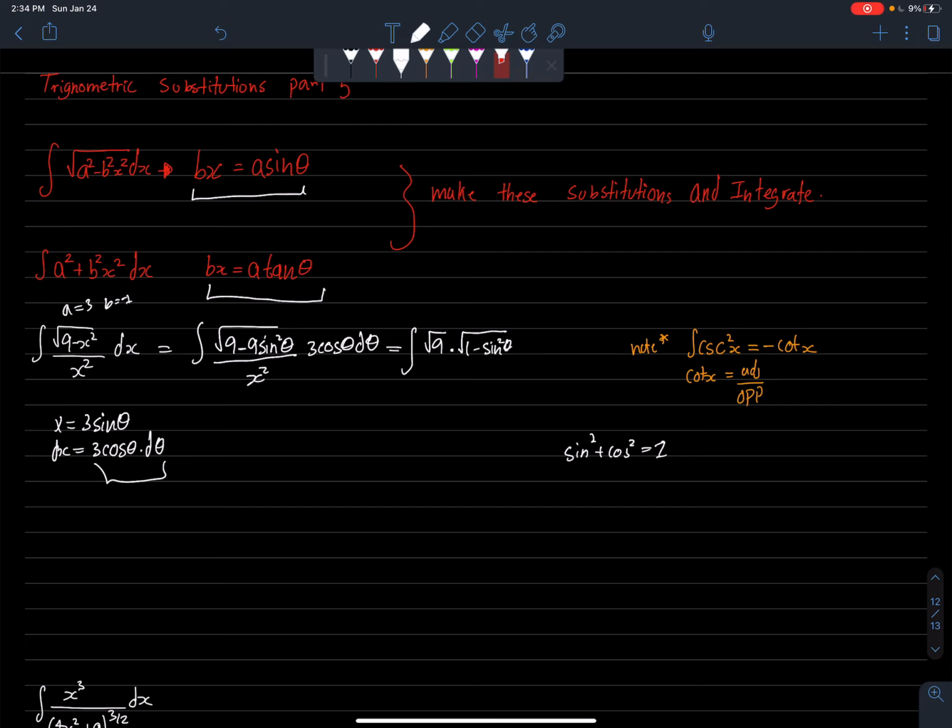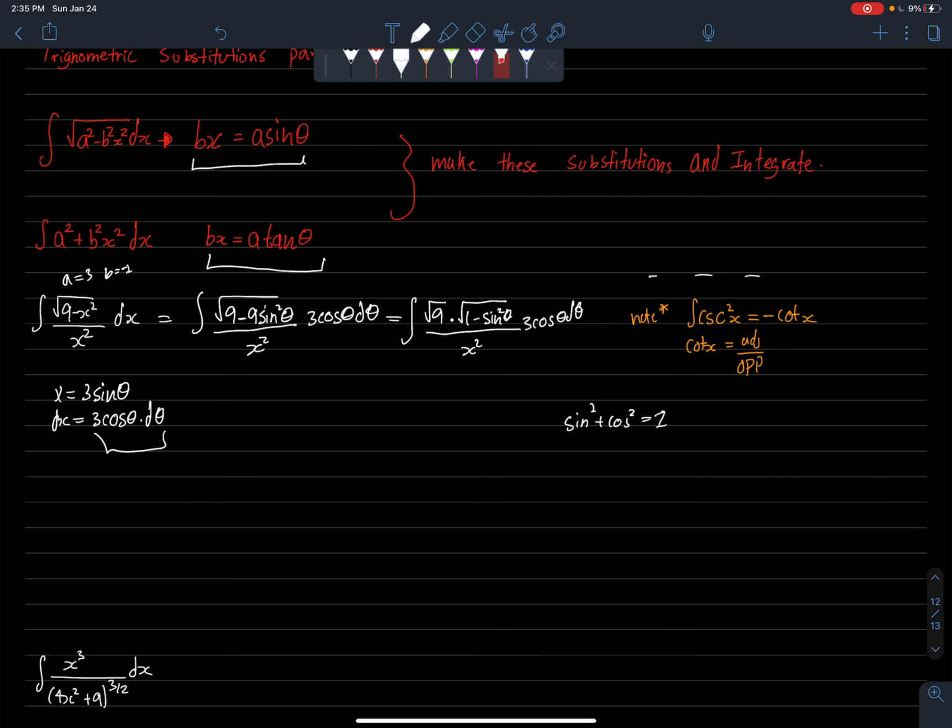Move this over, you get cos squared is equal to 1 minus sine squared. I wrote these identities here so that we can use them later.